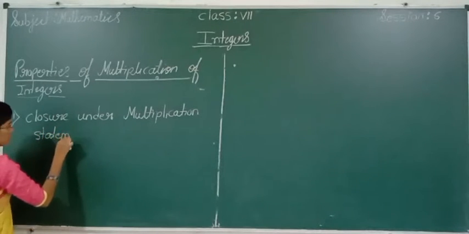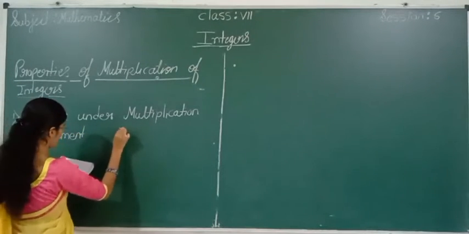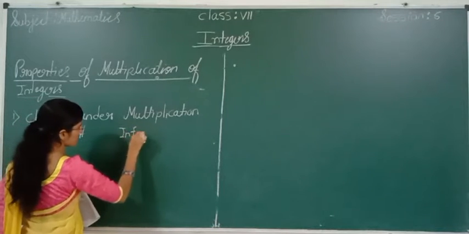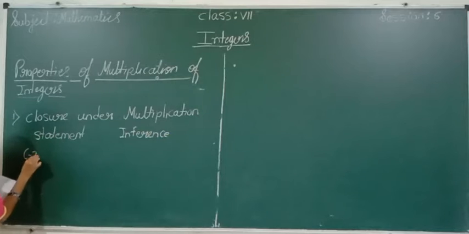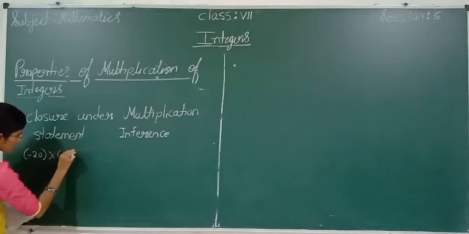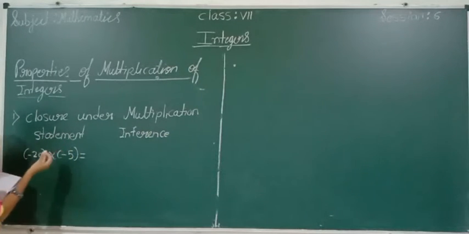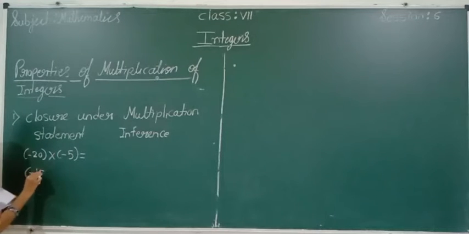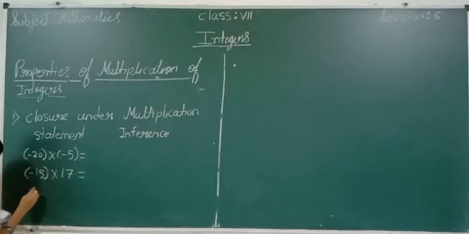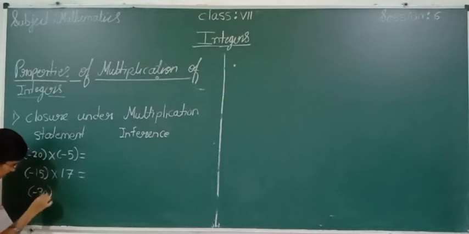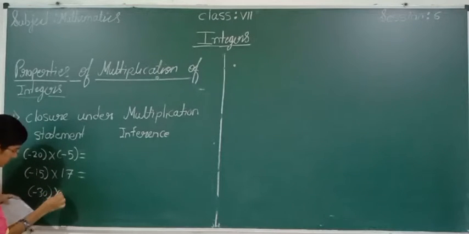Case, statement and inference. So see here, minus 20 into minus 5, the first one. Minus 15 into 17, minus 30 into 12.